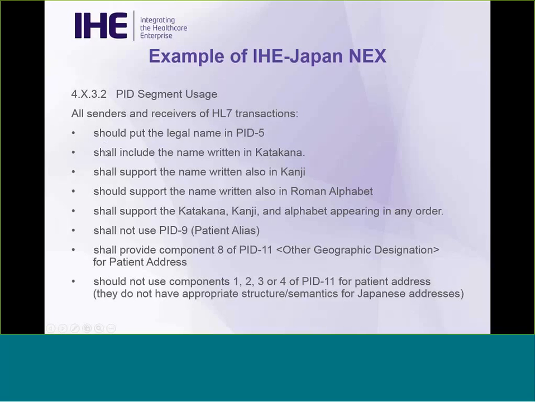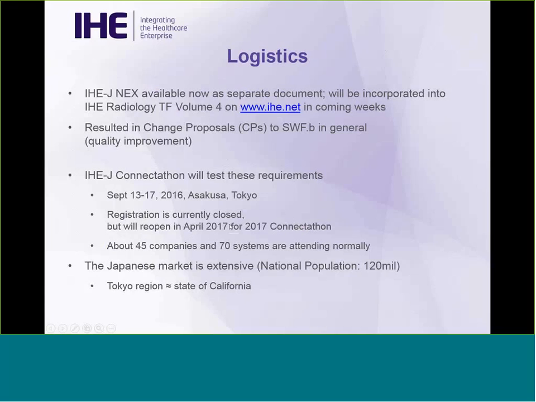You'll also notice some of these are shalls, which means you will fail your support of the Japanese National Extension if you don't do this. And some of these are shoulds, which means your customers will be a little ticked if you don't do this, but you won't actually fail the connectathon for failing to do that.